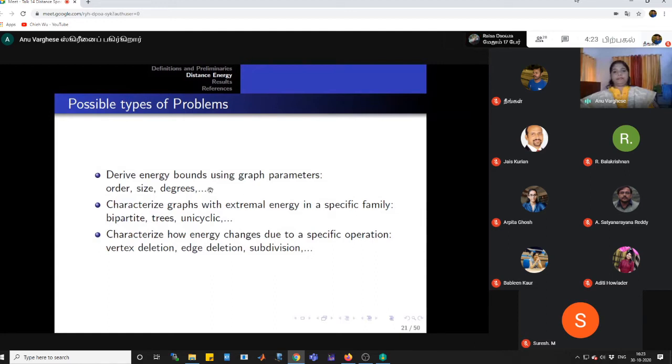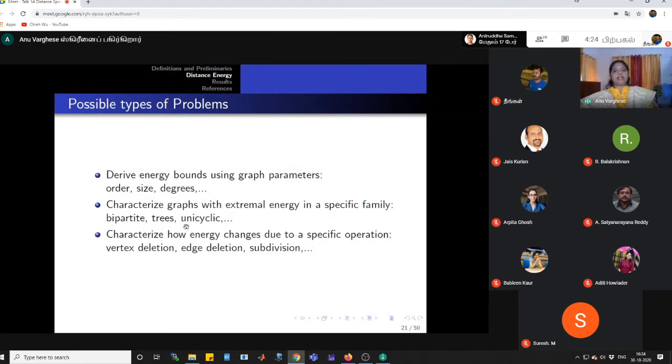So we can find bounds for the distance energy and distance spectral radius. We can characterize graphs among a specific family or class of graphs with extremal energy. That is, we can find the graphs with maximum energy and the graphs with minimum energy in a class of graphs.